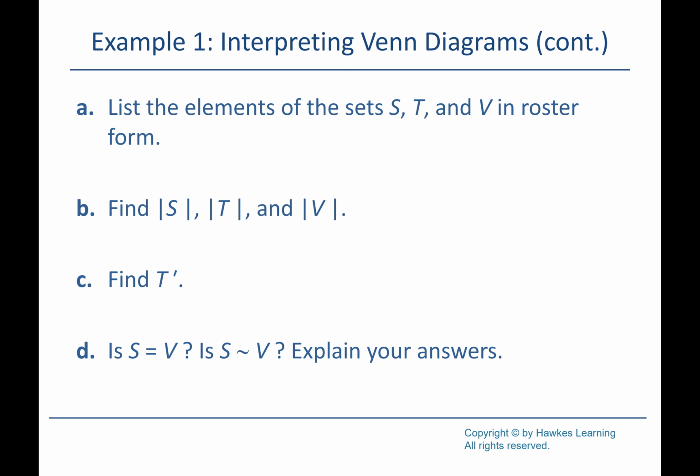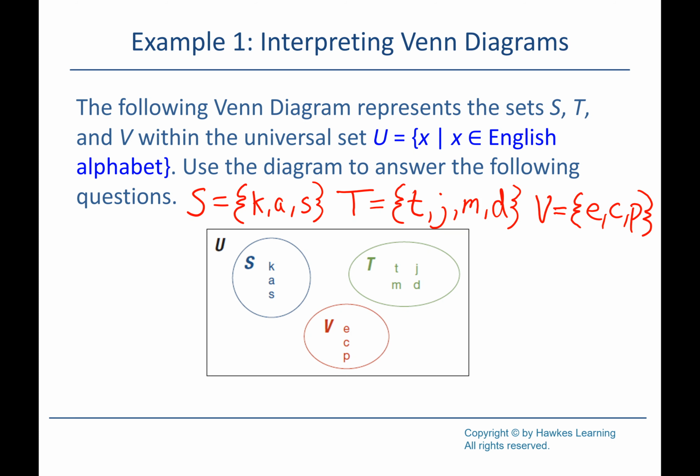So if you remember that, we can just count them. Cardinal number of set S: got 3 letters in there, so that's 3. Cardinal number of set T: we've got 4 letters in that one, so 4. And cardinal number of set V: 3 in that one again.